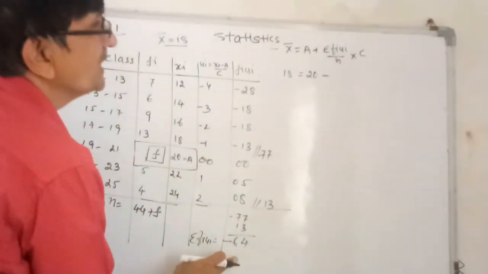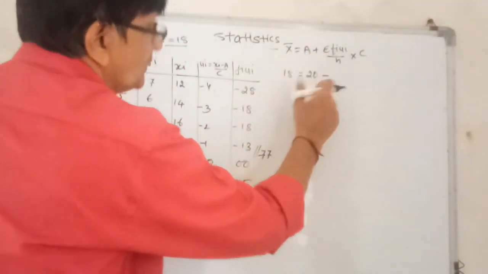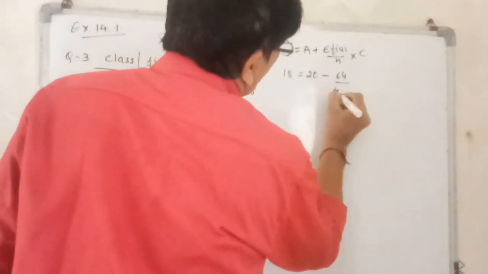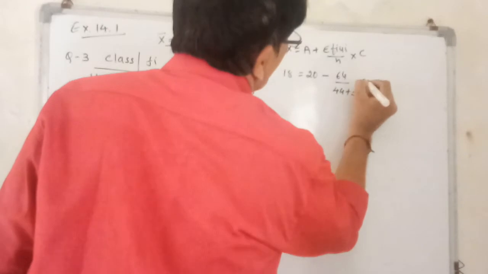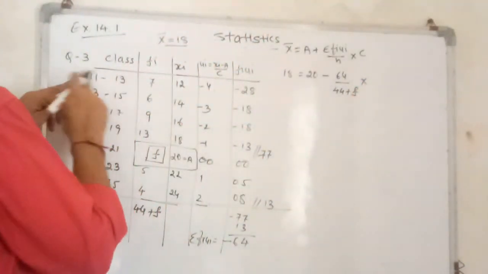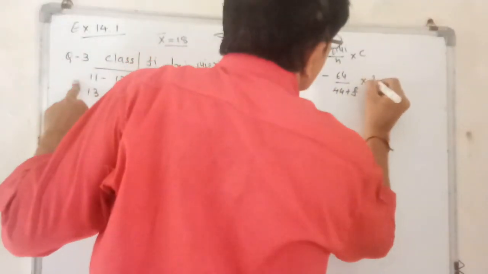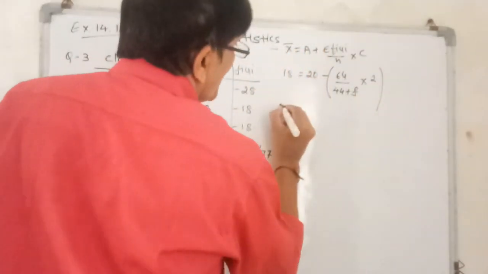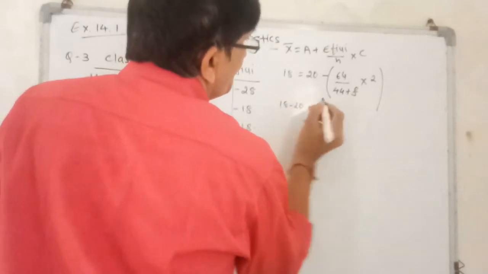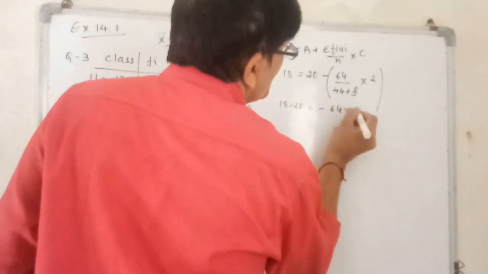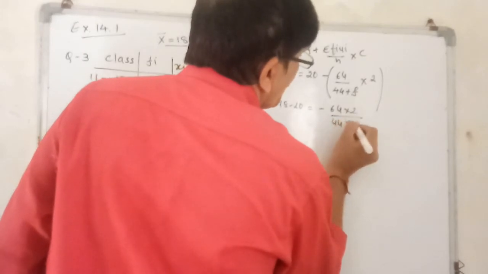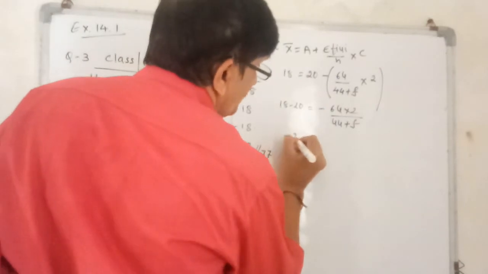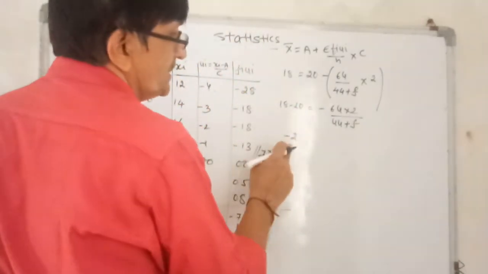Sigma fiui is negative, so the positive sign changes to negative: minus 64 upon N, which is 44 plus f, into C. C is the class length, 13 minus 11, so it is 2. Shift 20 to this side: 18 minus 20 equals minus 64 into 2 upon 44 plus f. So 18 minus 20 is minus 2.